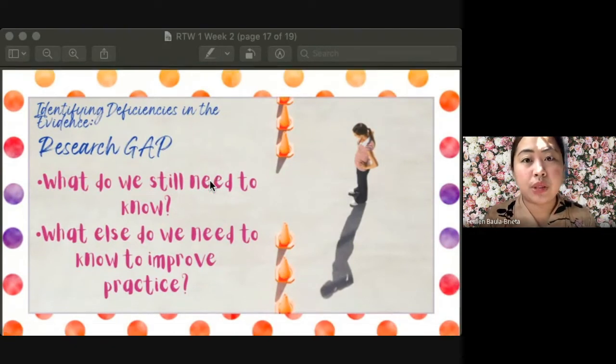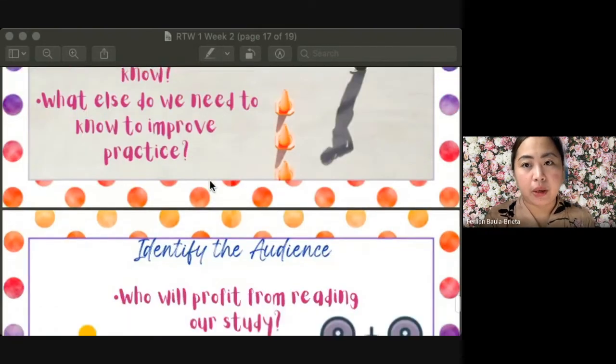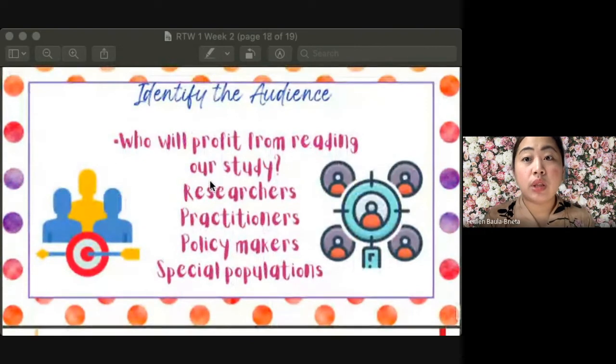You would present your intention in order to address the research gap about this topic. You might also include the significance, the people that would benefit, the beneficiaries of your research.